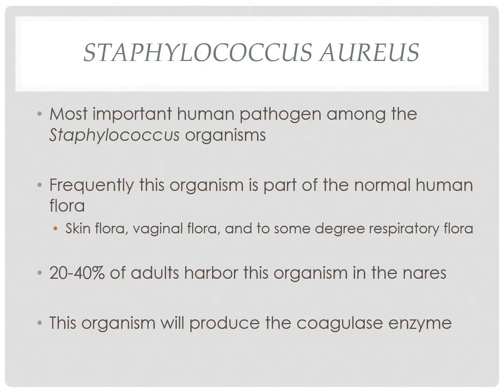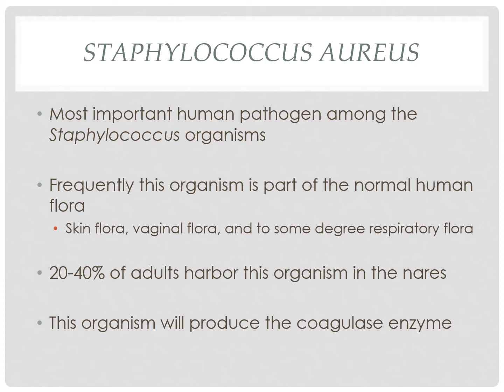So Staphylococcus aureus is by far the most important pathogen among all of the Staphylococcus organisms. It can be isolated as part of the normal human flora, including normal flora of the skin, normal flora of the vagina, and to some degree normal respiratory flora, especially of the upper respiratory tract. About 20 to 40% of adults harbor this organism in their nares.